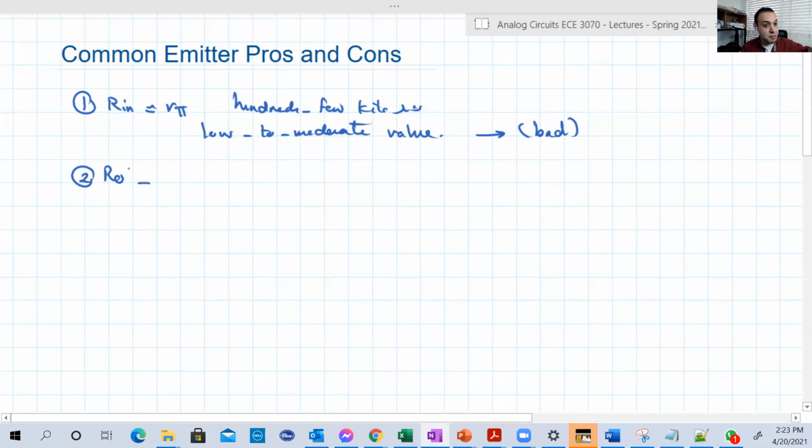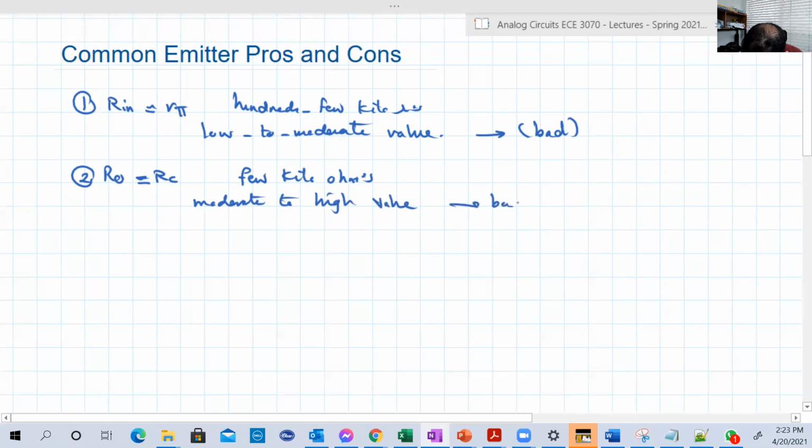RO now. RO, again, based on the circuit we solved, it might change in another circuit, but most of the time, it was RC, exactly equal to RC. And RC is usually few kilo ohms. It's moderate to high value.